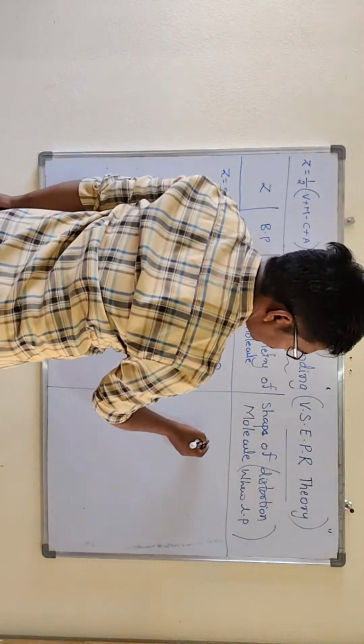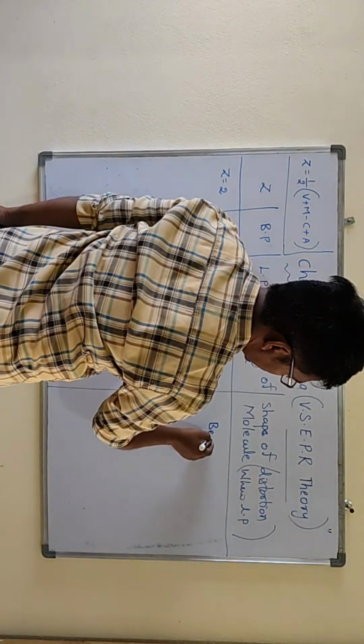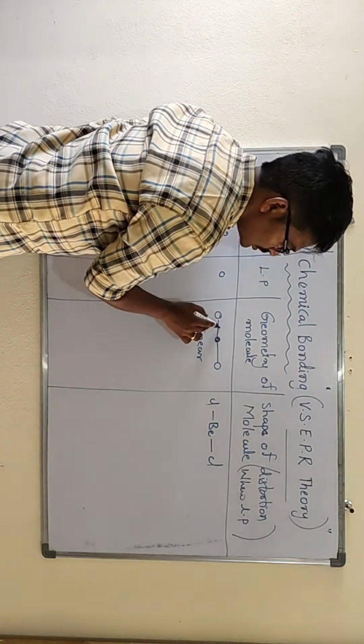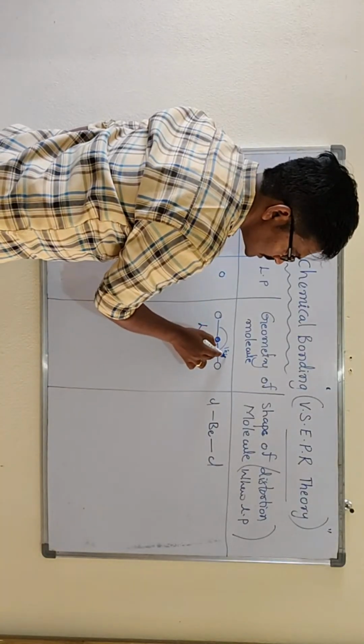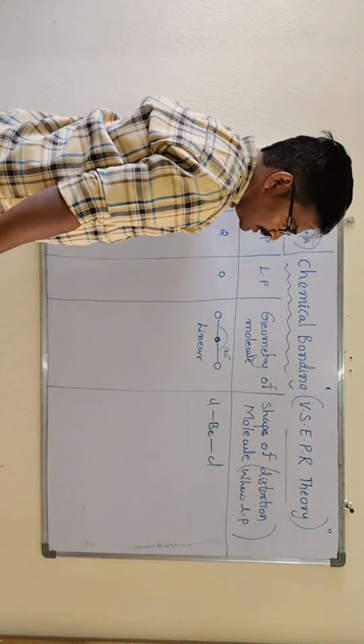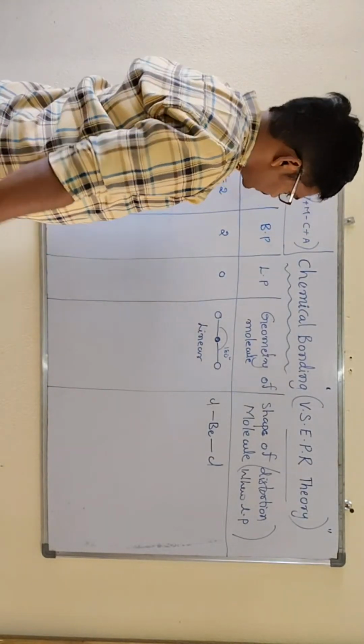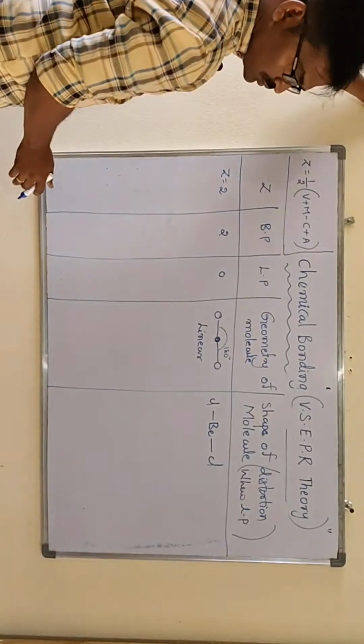For example, take the BeCl2 molecule: Be, then Cl, then Cl. Already we have discussed the bond angle is 180 degrees. The bond pairs are 2, so there are no lone pairs in it. 0 lone pairs, that's what I told.